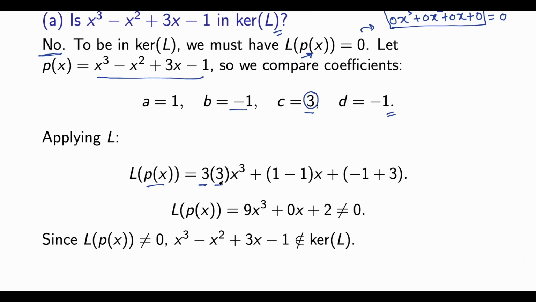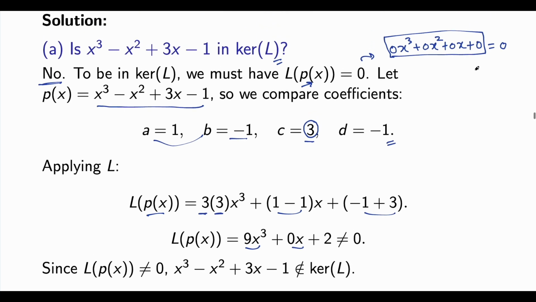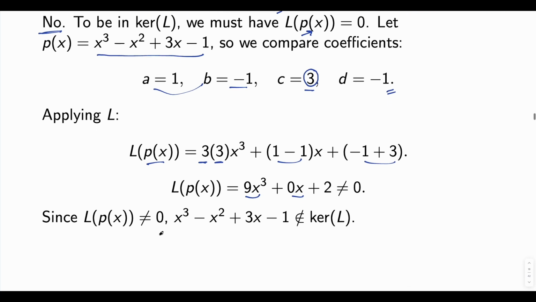A plus b, and c plus d, right? This is the transformed value. Then 9x cube, and this becomes 0, and this becomes 2. So this is not a 0 polynomial, because the 0 polynomial will look like this. Everything should be 0. But here we are getting a non-zero coefficient. So this does not map to the 0 vector of W, right? It means that the given polynomial does not map to the 0 vector of W.